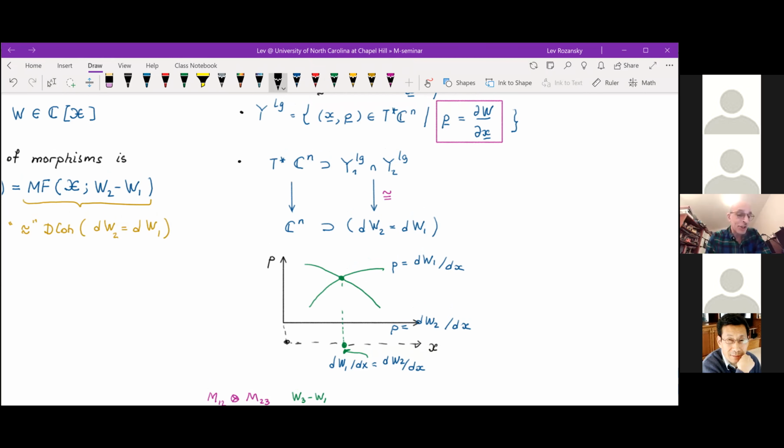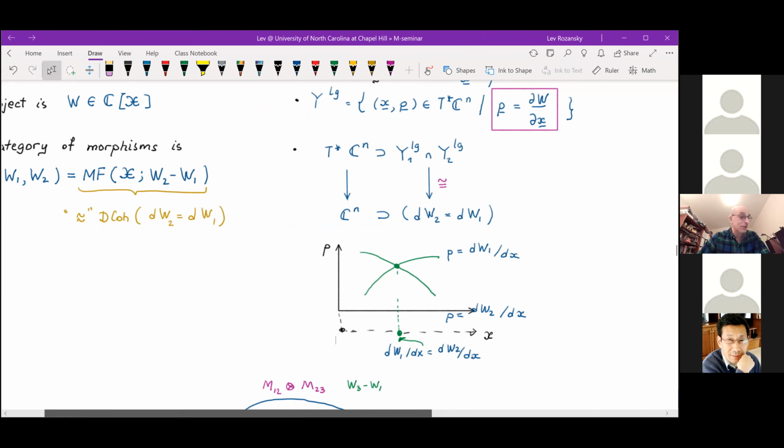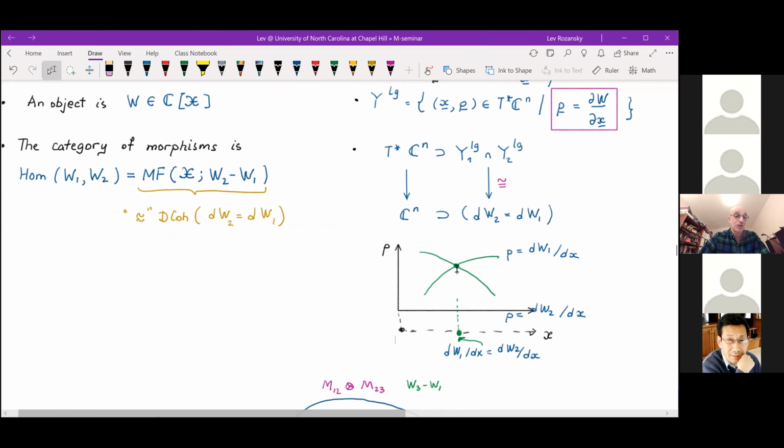So the intersection of Lagrangian subvarieties projects to the base bijectively onto the critical locus of the difference between W2 and W1. So if you assume that the category of matrix factorizations is coherent sheaves over the critical locus, then it matches exactly the naive expectation that one should take coherent sheaves over the intersection of Lagrangian subvarieties.